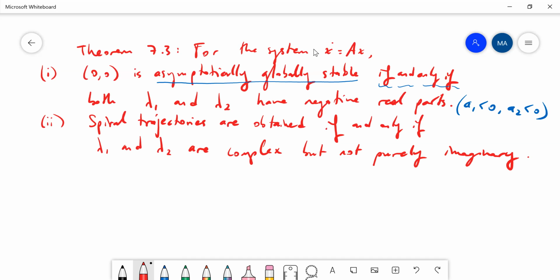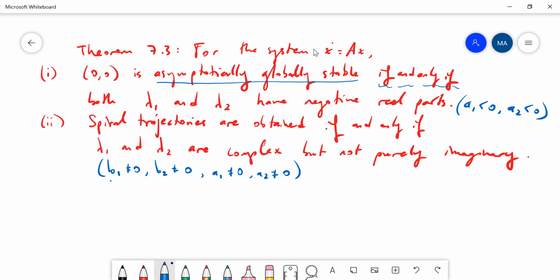So here in the second item, we require B1 different than 0, B2 different than 0, but A1 and A2 also different than 0. Okay?